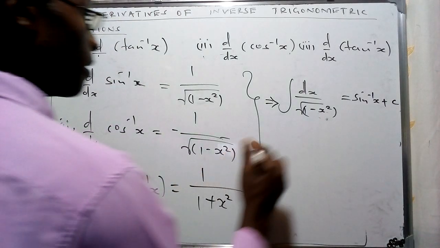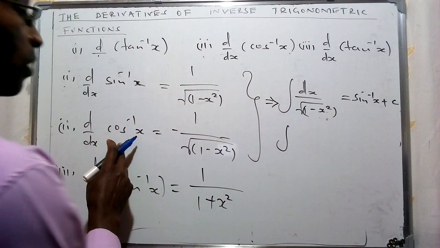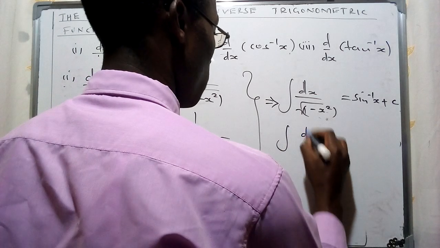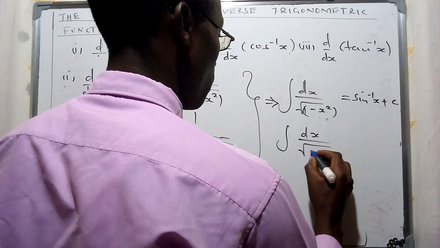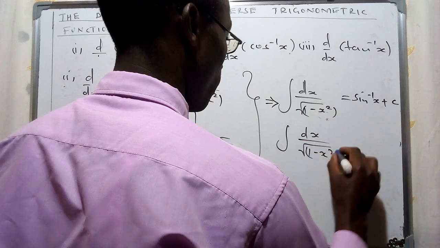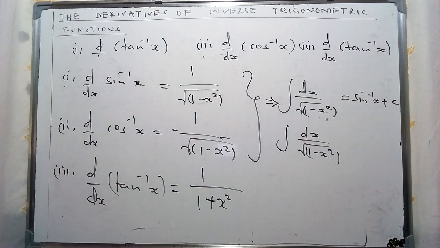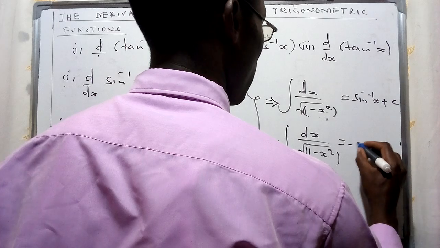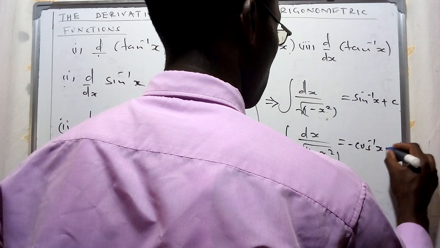And if you look at the second case, for the cos inverse, the integral of dx all over the root of 1 minus x squared gives us a negative value, since the derivative of cos inverse is negative. So this gives us the cosine inverse over x plus c.